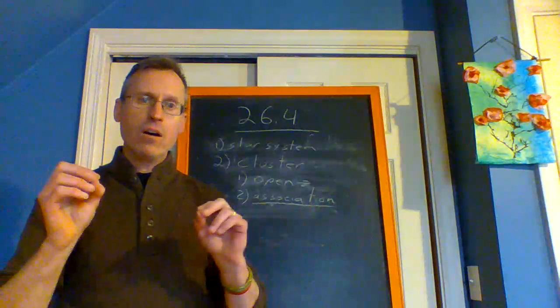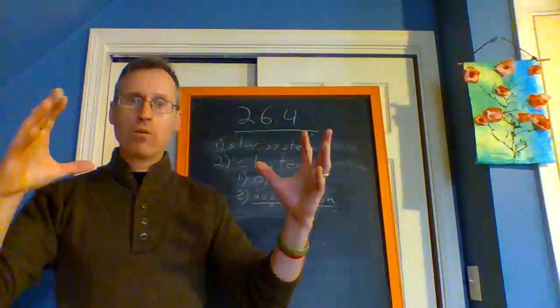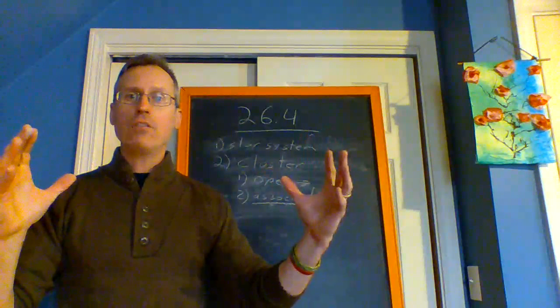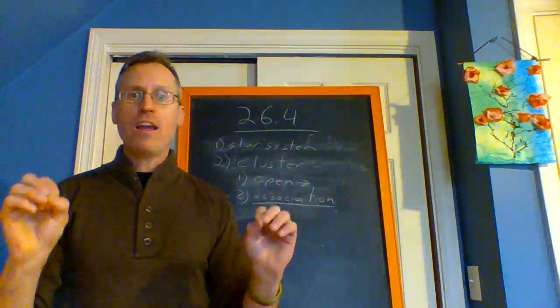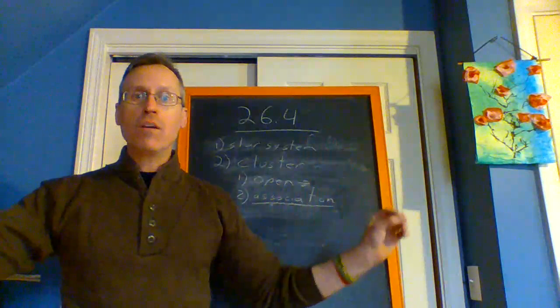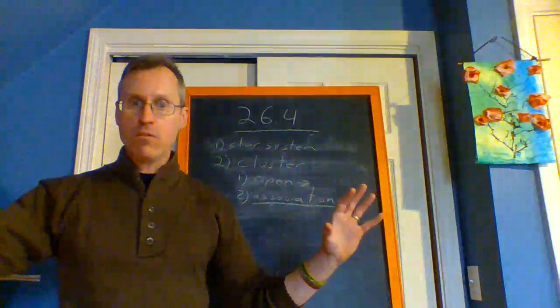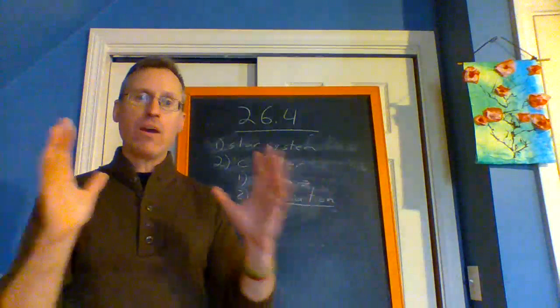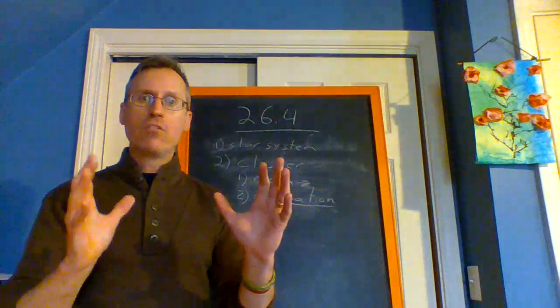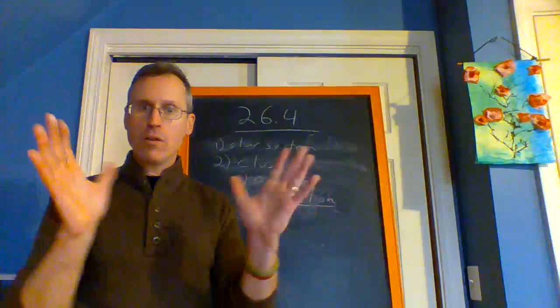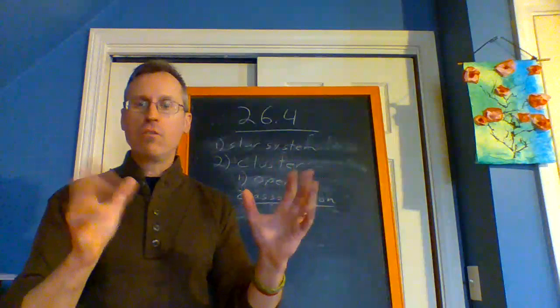And those stars, once they're formed, are still close together. That's an association. They're not going to stay close together. They're moving apart from each other. But right now they're brand new, so they're still in proximity to each other.